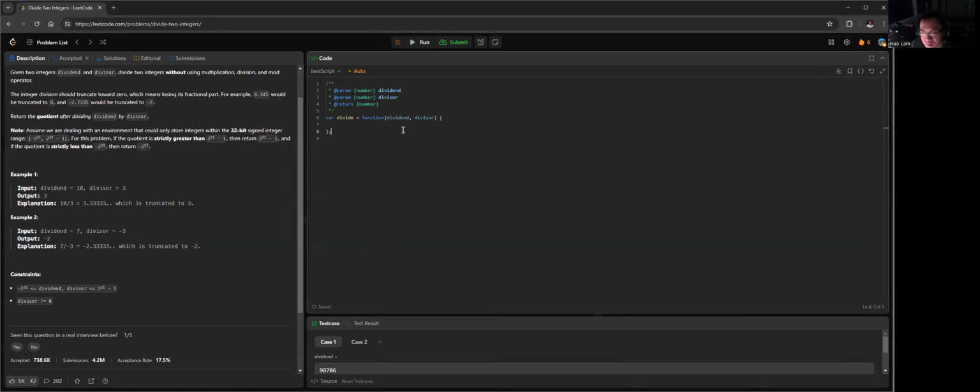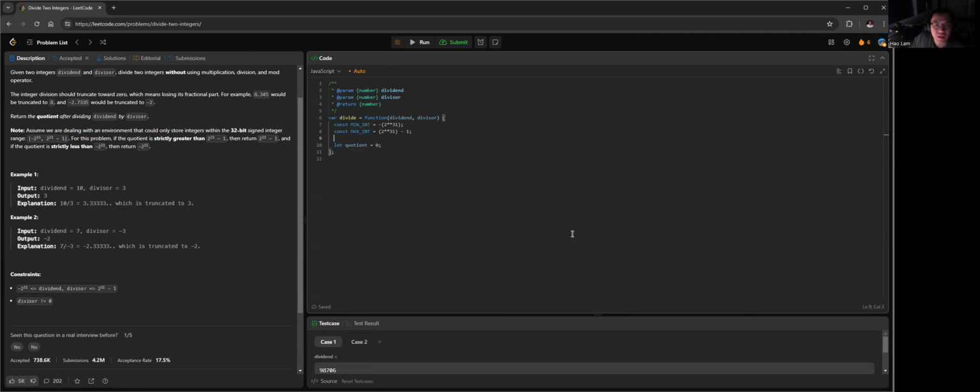So this would be our min int, negative 2 to the 31, and then max int, which is 2 to the 31 minus 1. Okay, and we want to return the quotient, so let's set it to 0 here.